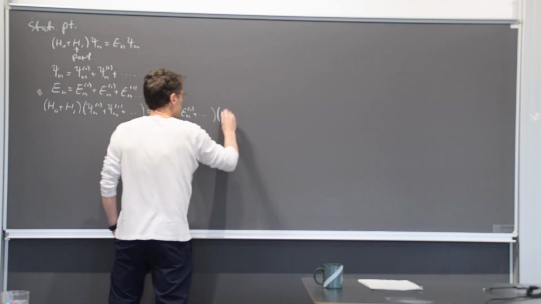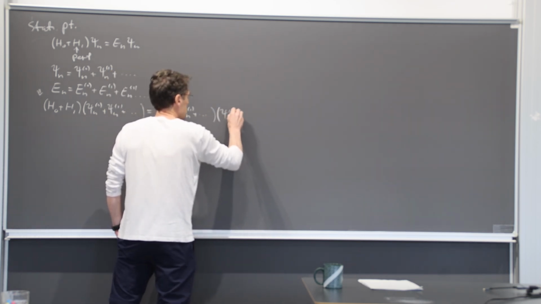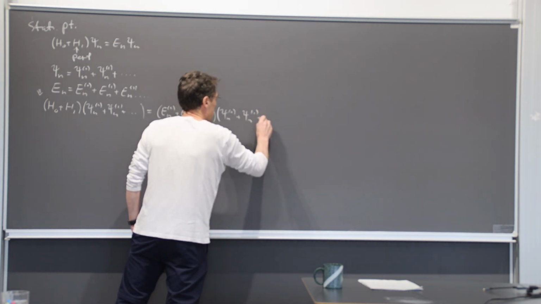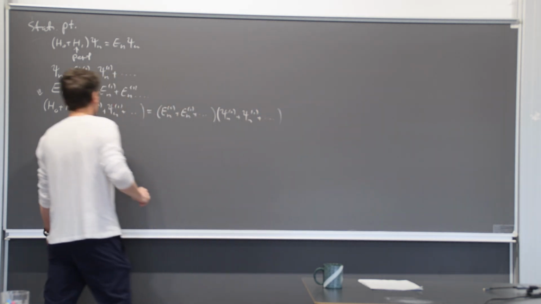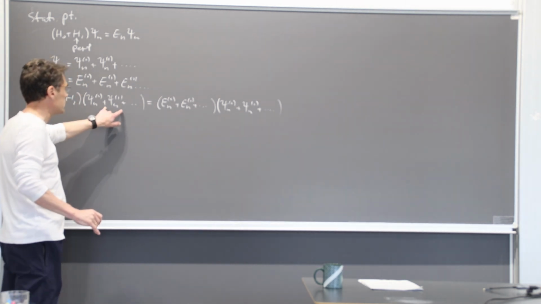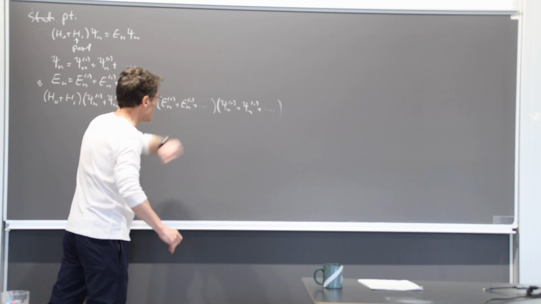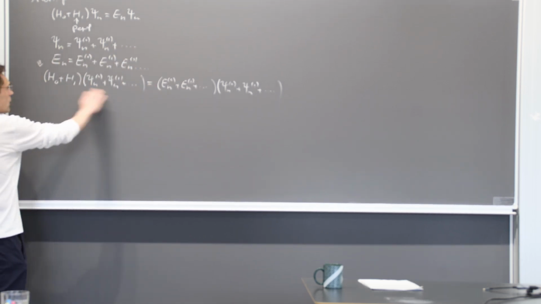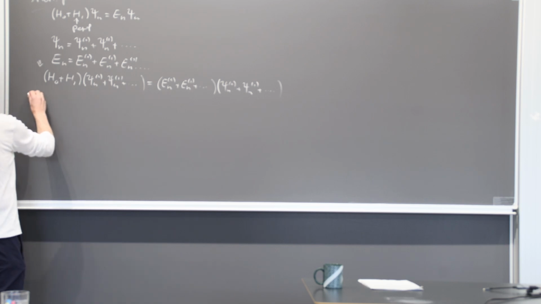There's a lot of writing in this exercise, as you can easily see. So this is still exact, right? Because I include all terms for the wave function, all terms for the energy. But now what I will do is pick out terms of a particular order.